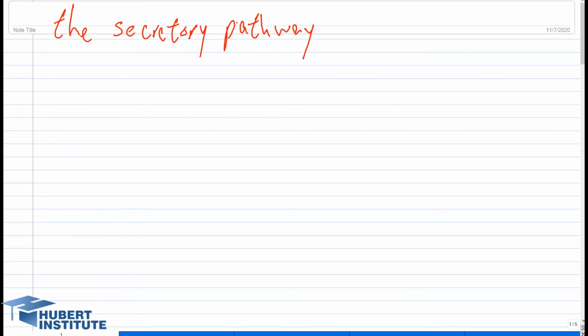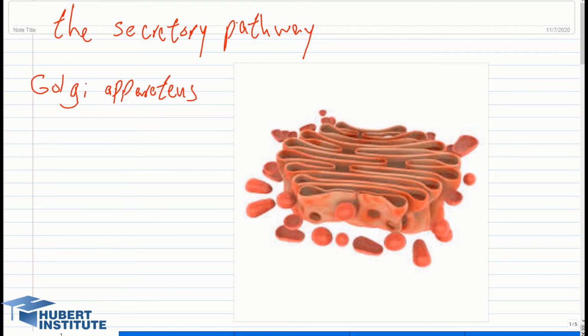In order for us to understand the secretory pathway, we need to talk about another organelle. That organelle is called the Golgi apparatus. The Golgi apparatus is an organelle found near the endoplasmic reticulum, and it's basically a group of sacs that are stacked together.